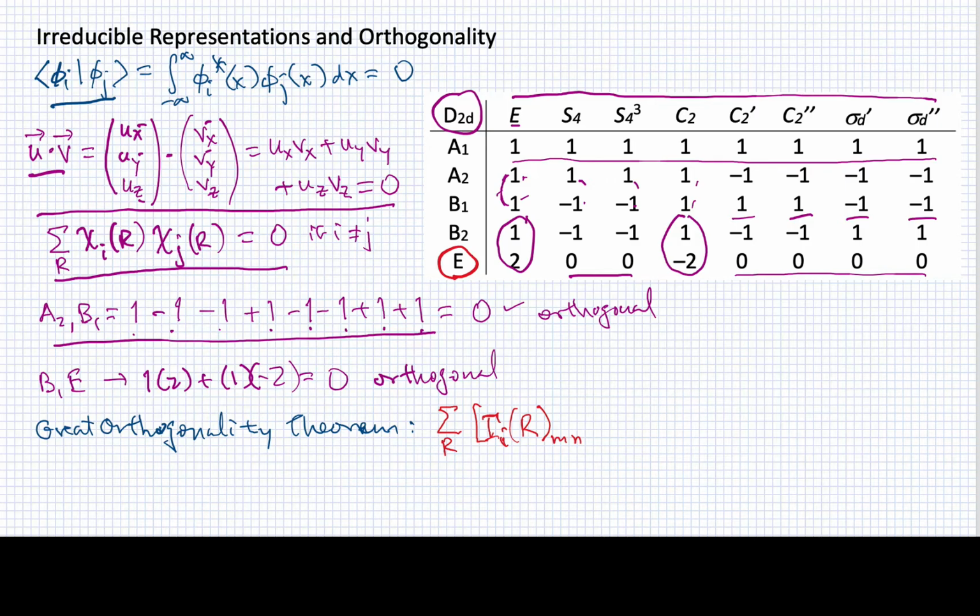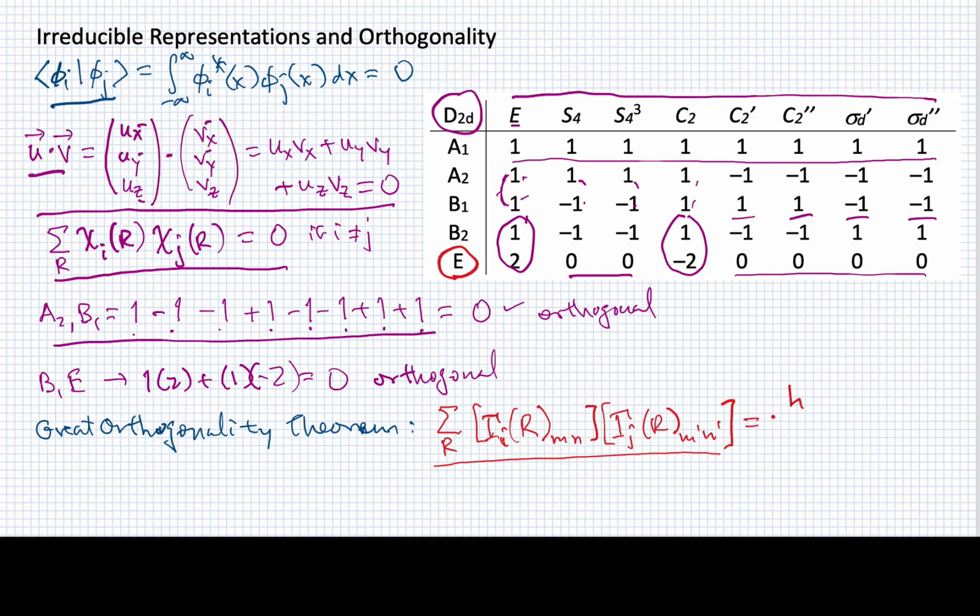All right, so this is one of my irreducible representations. And another irreducible representation, I'll write a similar way, but with a possibly different element of the matrix. And this sum over all the symmetry operations will give the following.